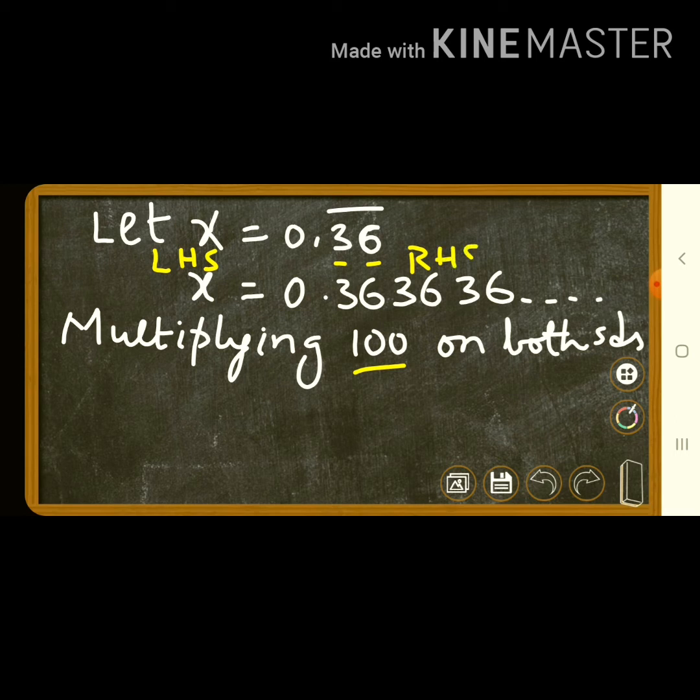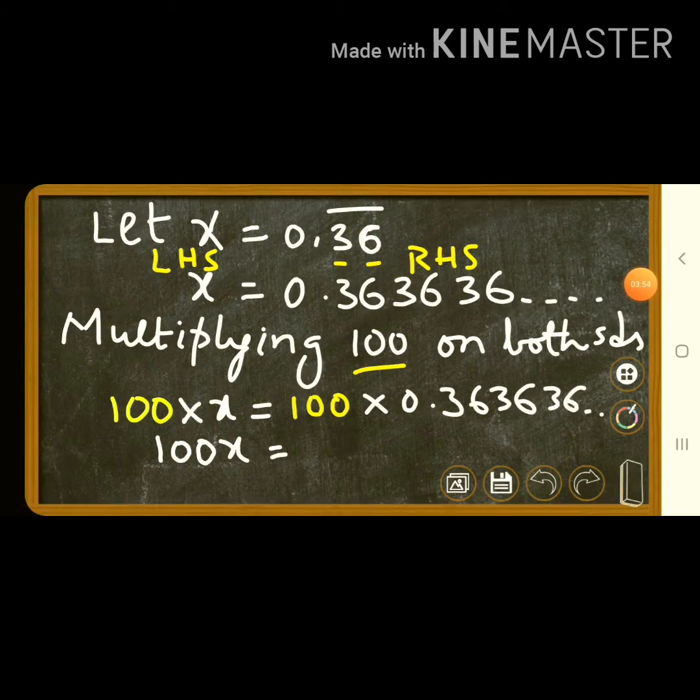Let us multiply now. Now it becomes 100x is equal to 100 into 0.363636. So here this point moves two digits to the right. So this becomes 36.363636 and so on.